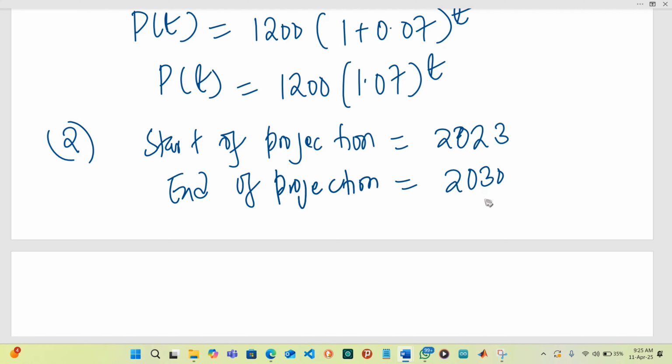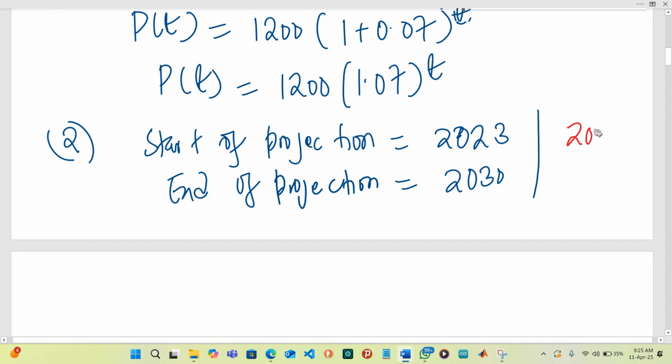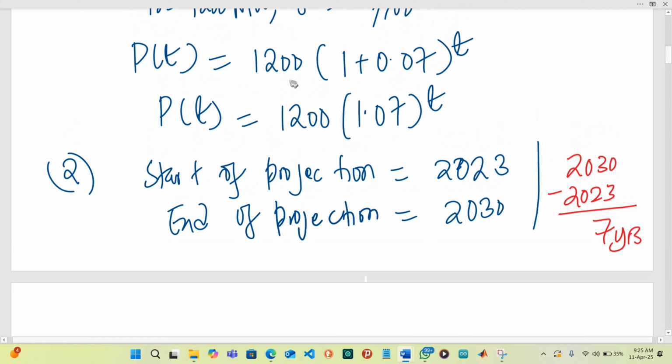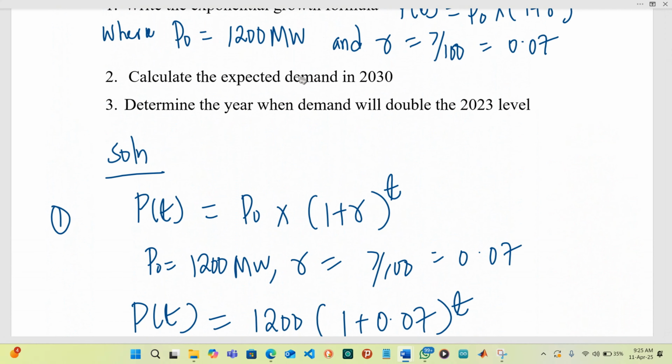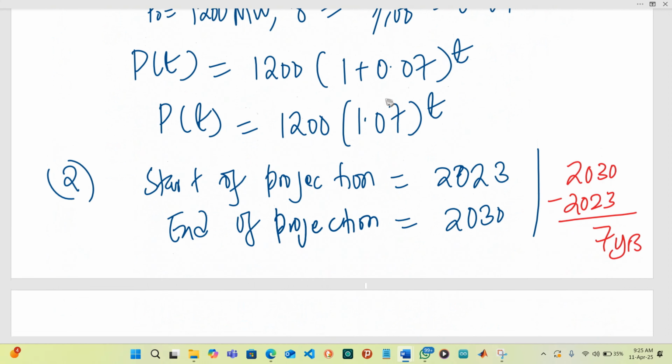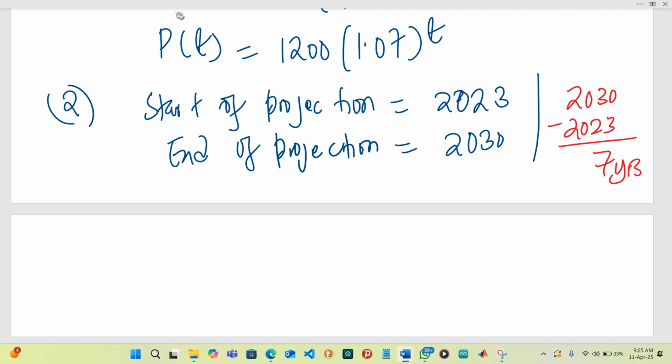So how many years do we have? Let's do side work. 2030 minus 2023 becomes 7 years. So we are going to project the demand after 7 years. So what does that mean?